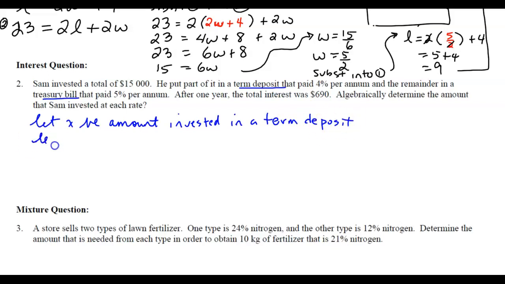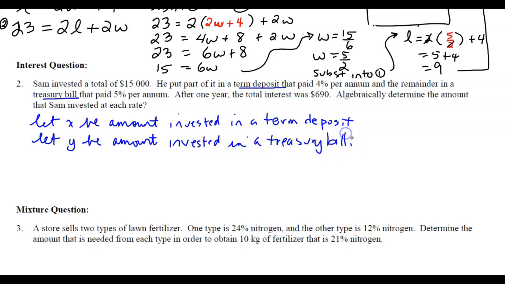Let Y be the amount invested in a treasury bill. It doesn't have to be those fancy words. Those are fancy investments, basically. Money can be deposited in one account and another account, but they're earning different rates.